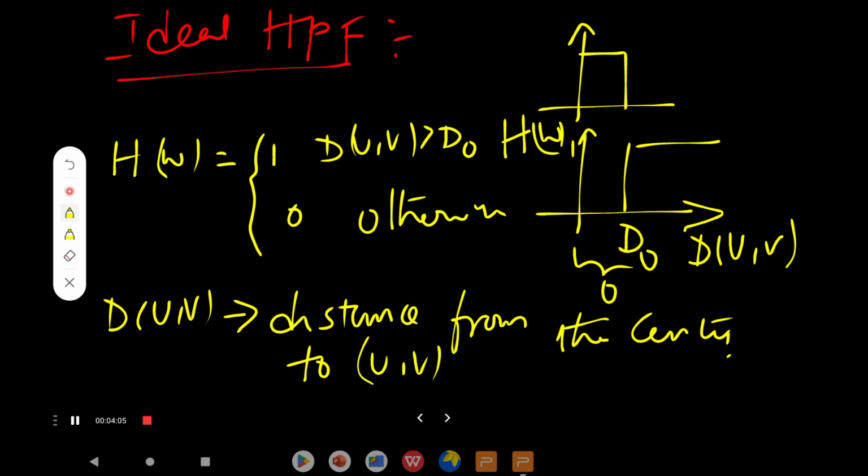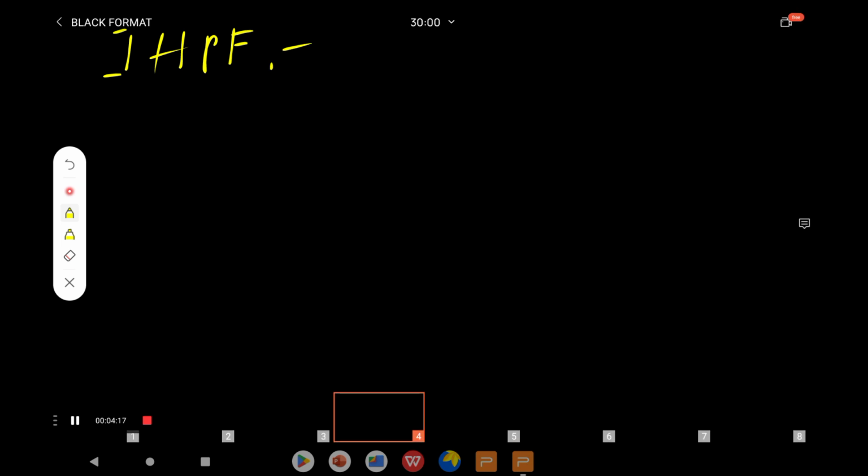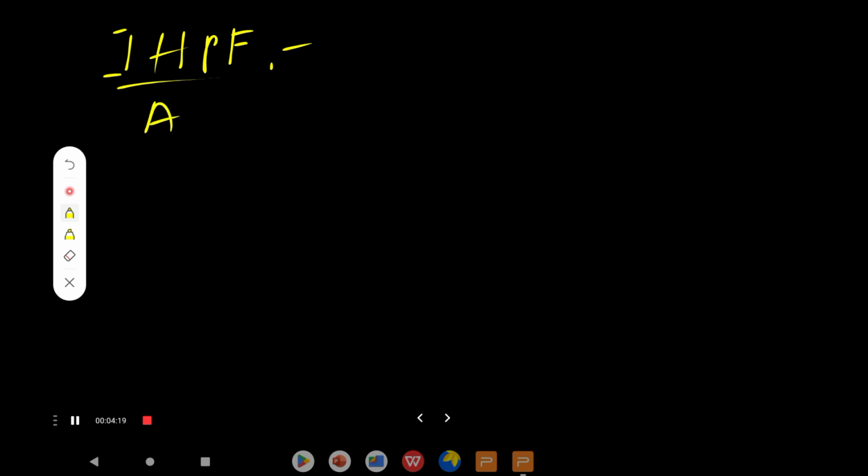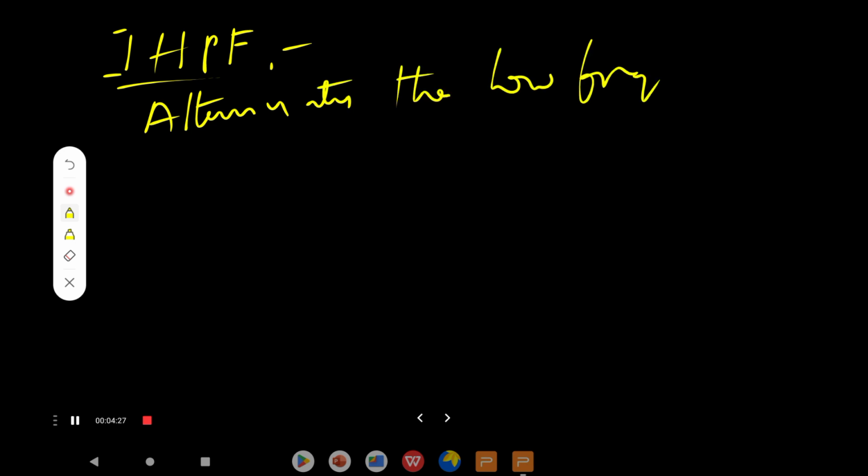In case of the ideal high pass filter, it attenuates the low frequency components. That means ideal HPF attenuates the low frequency. Therefore, image sharpening can be achieved in the frequency domain.